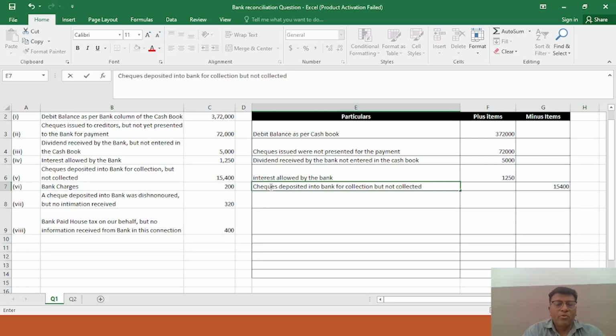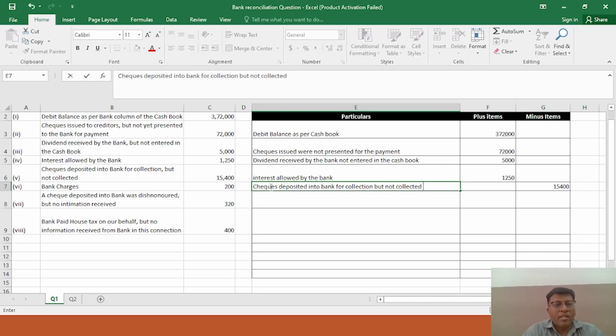You have to assume that you are maintaining that particular book, and go through the opposite book, that is the passbook in this question. So on the basis of the effect on the passbook, you prepare this financial document, the bank reconciliation statement, and 15,400 is the amount of this transaction.